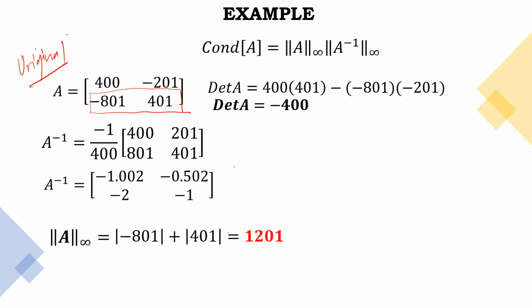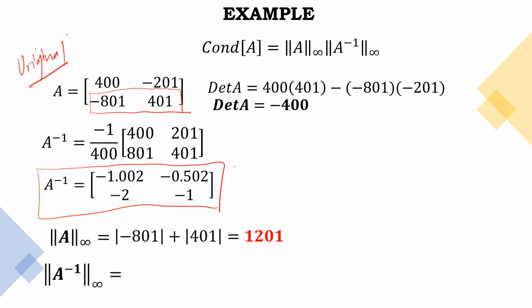And that is the value of our norm of A infinity. Okay? So this time, let's get the norm of A inverse infinity. In this case, we will focus on our result. And by inspection, this is actually our row sum.